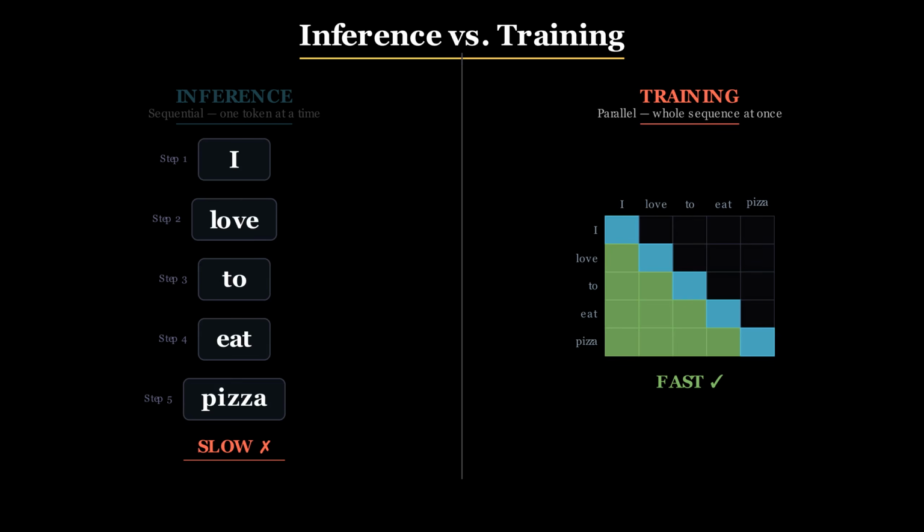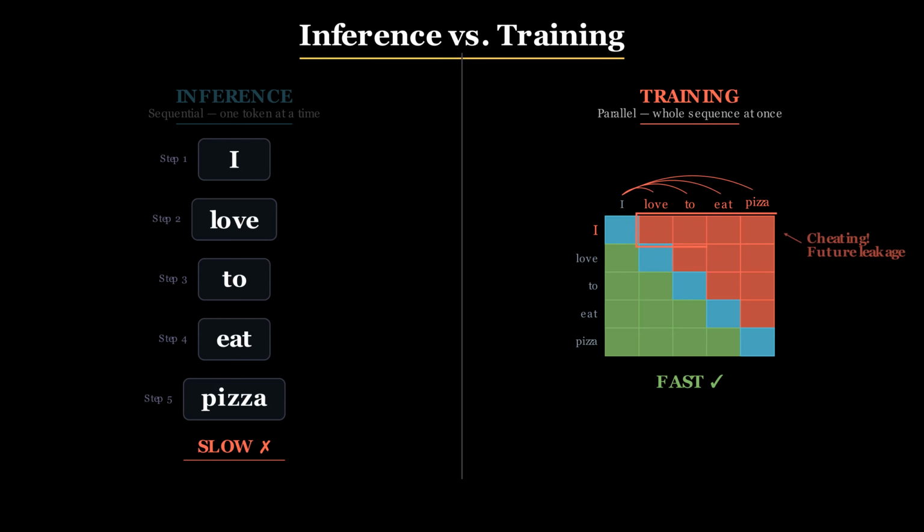But here's the massive problem. Look at this upper triangle of the attention matrix. When we process a sequence in parallel, the token I can already see love, to, eat, and pizza, words that don't exist yet during generation. The model is straight up cheating by looking at future tokens. This is pure data leakage, and it completely destroys the model's ability to learn how to predict the next word.